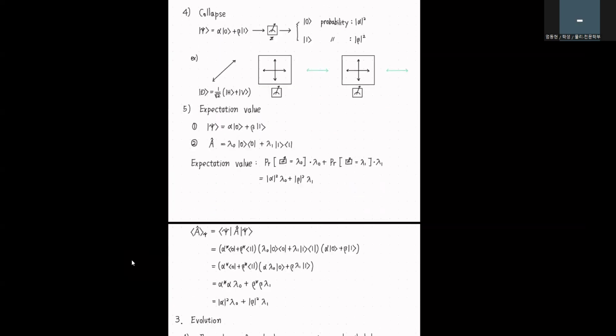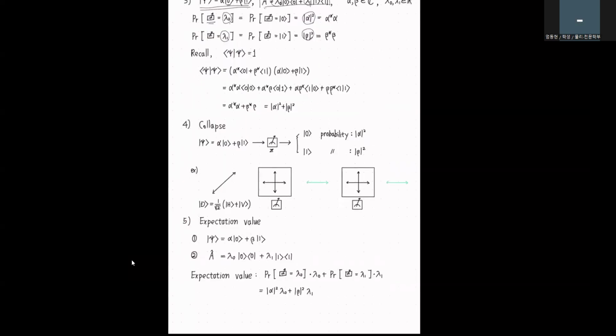basically, what we're doing here is we're calculating what's called the expectation value right here.